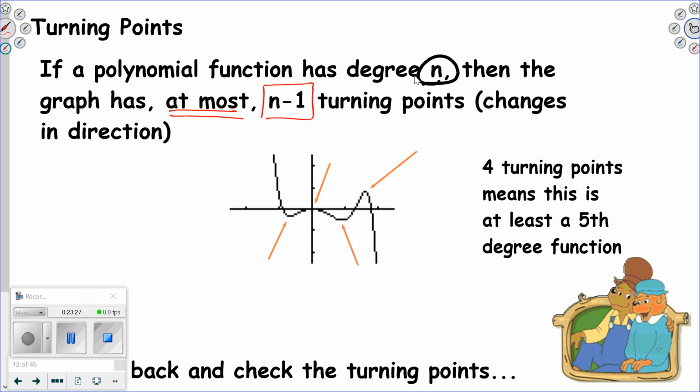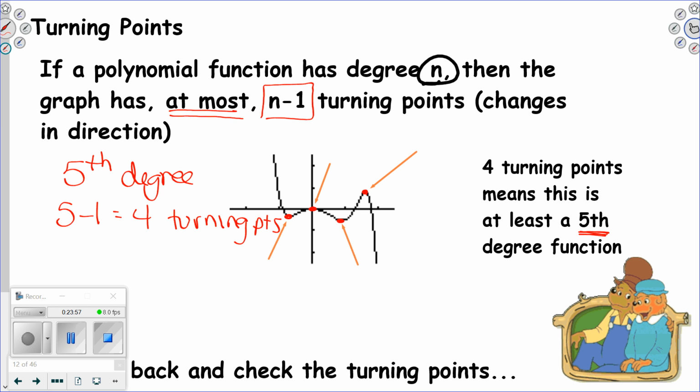If I look at this one, it changed direction once, twice, 3 times, 4 times. So if it changed directions 4 times, that means it was at least a 5th degree function, because 5 minus 1 equals 4 turning points.